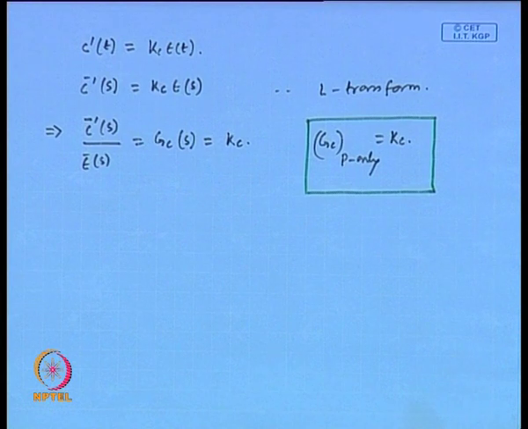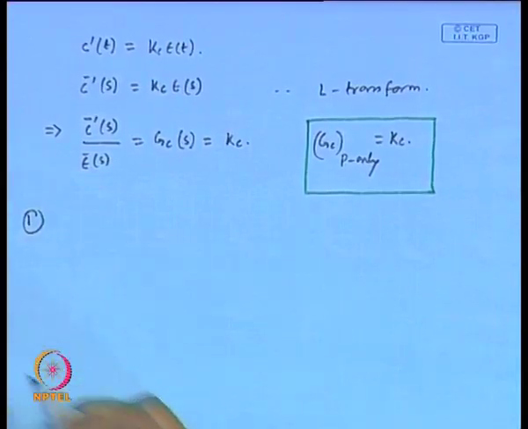Fine. Now, we will conclude the P only controller. With the increase of Kc, the controller becomes more sensitive to error. This is the first conclusion which we can draw for the P only controller.